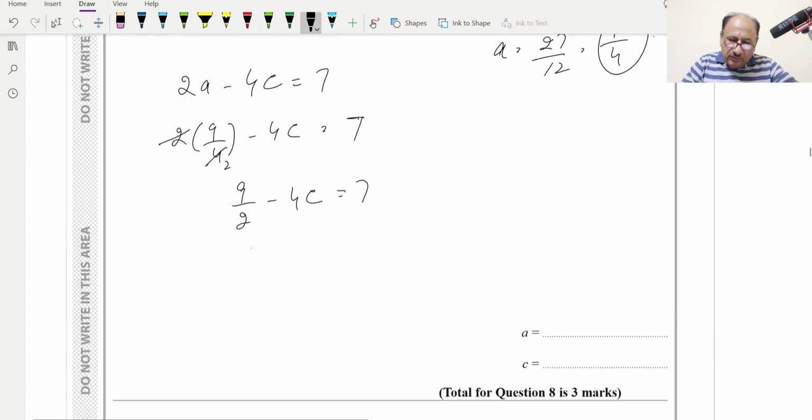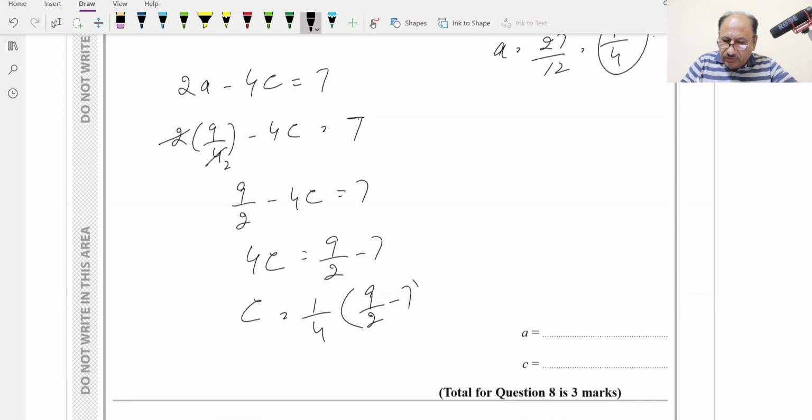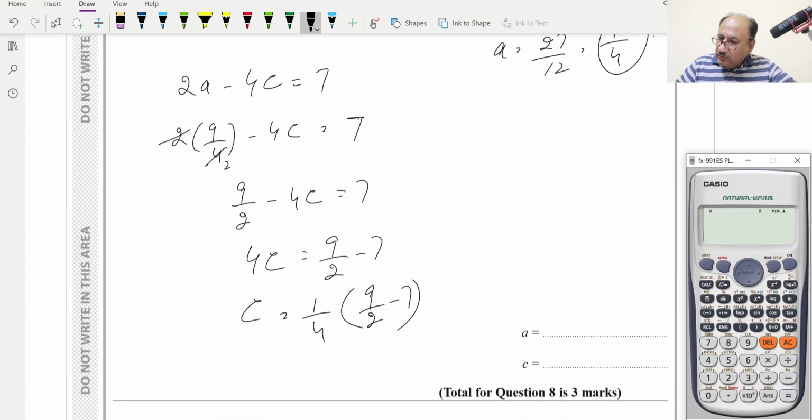And we can shift. This will be 4c is equal to 9 by 2 minus 7. And so we can write c is equal to 1 by 4 into, in brackets, 9 by 2 minus 7, and this will be equal to minus 5 over 8.